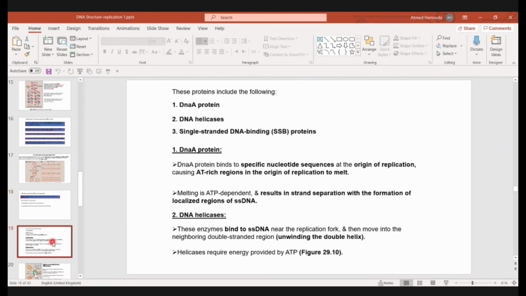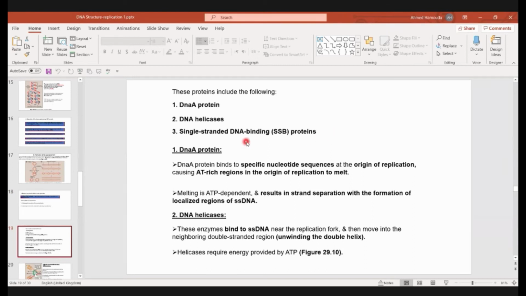So what are these proteins? We call them DnaA proteins. This will help the double helix not to close. The DNA helicases keep the DNA open, and the single-stranded DNA binding proteins protect it, because there are some enzymes that can degrade the DNA.